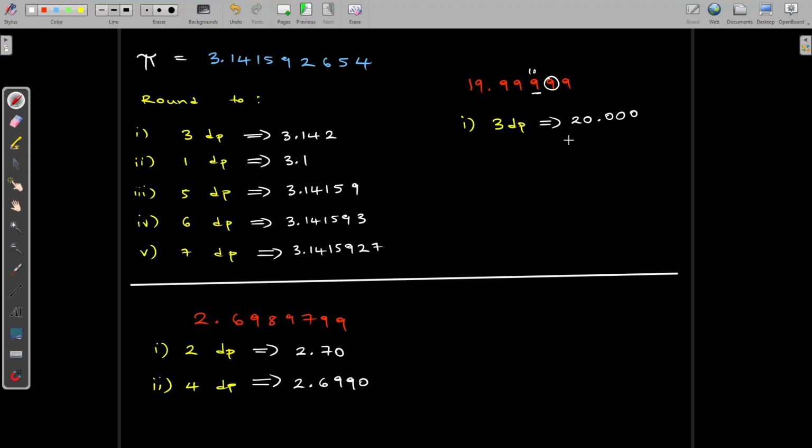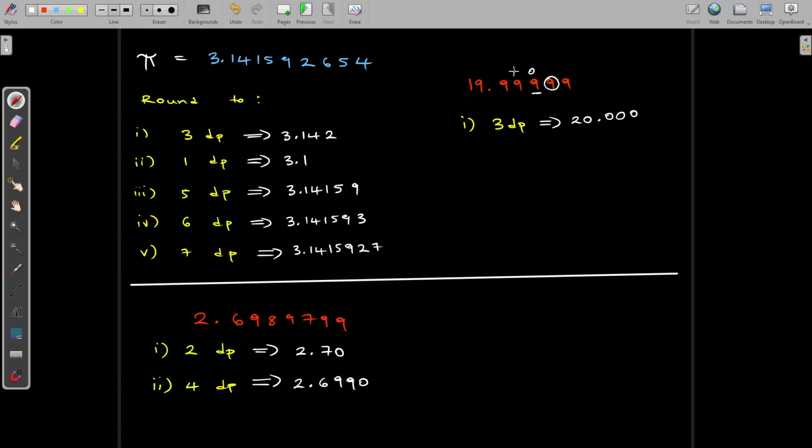Same concept, Kai. We look at the 3rd decimal position, we look at the number that comes after, which is the 9. So we're going to have to add 1 to this 9. That's going to give us 10. However, we can't just leave the 10 up here. We have to put the 0 and carry over the 1, right?